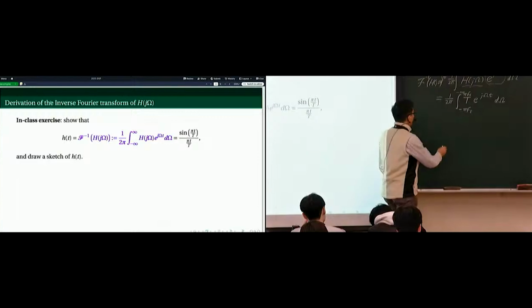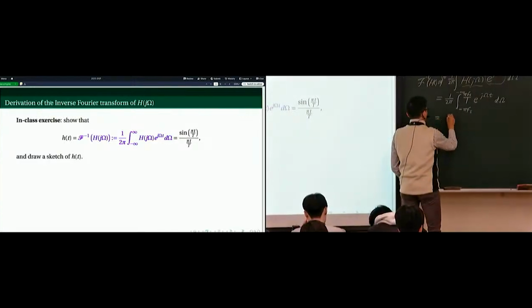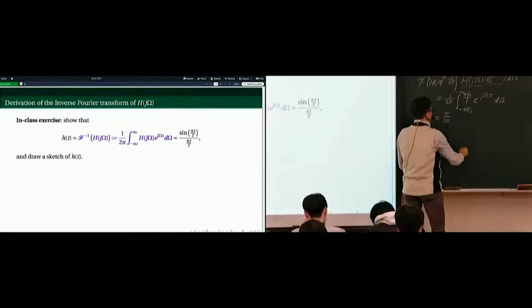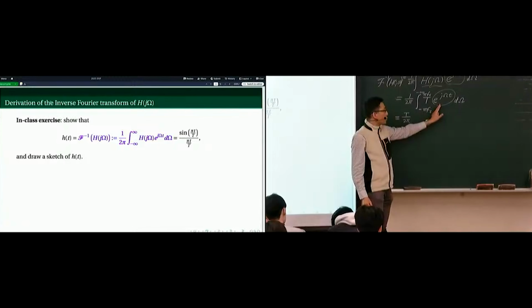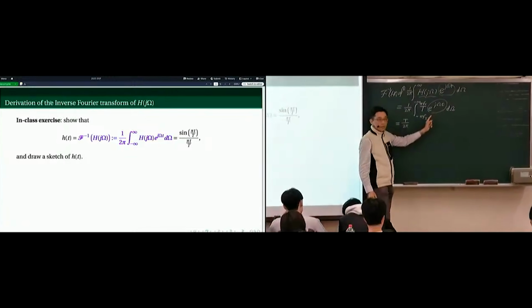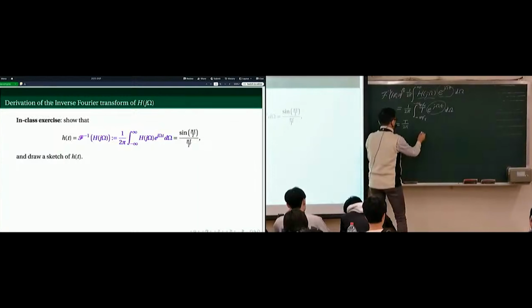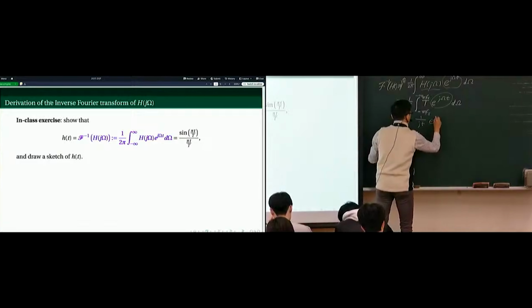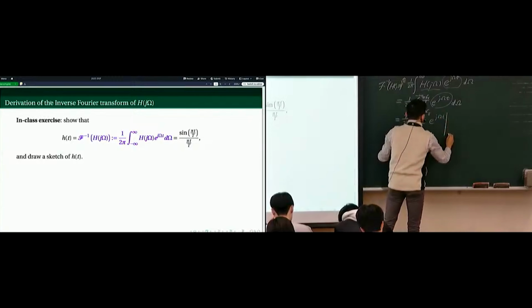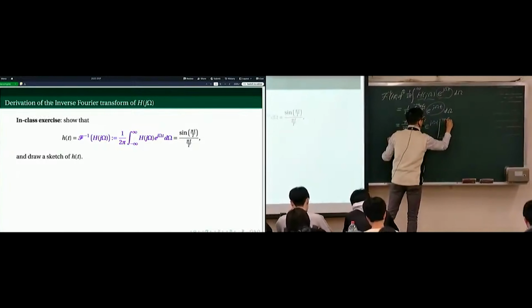Next we can organize everything a little bit. Here's T, there's 2 pi, and now this is pretty simple. This is simply an exponential, and we know how to do the integration. Let's be careful: here is 1 over jt, and e^{j omega t} evaluated from the starting frequency to the final frequency.